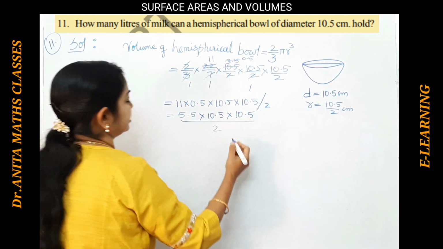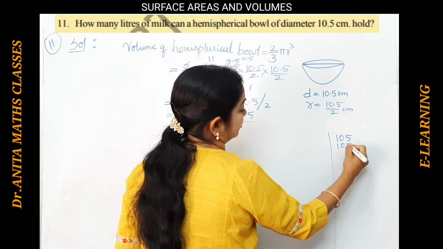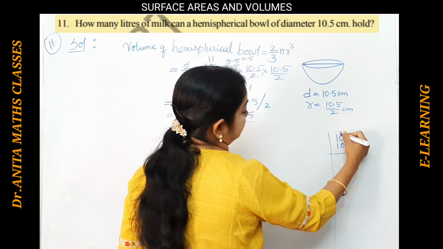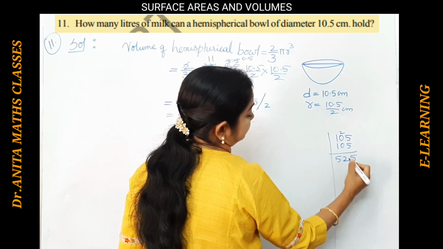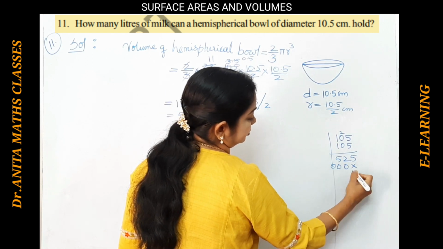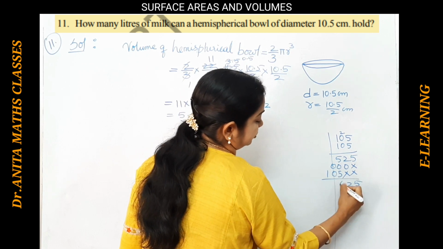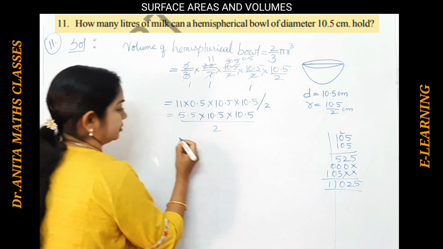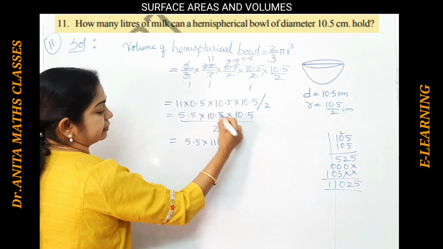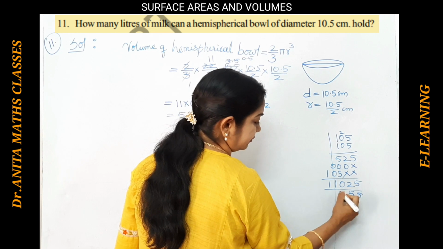Right. Here let's just directly multiply in the rough part. 105 times 105. Okay, 5 5s, 25, and so on. So 5.5 into 110.25, two digits after the decimal point. Again multiplying it with 55.